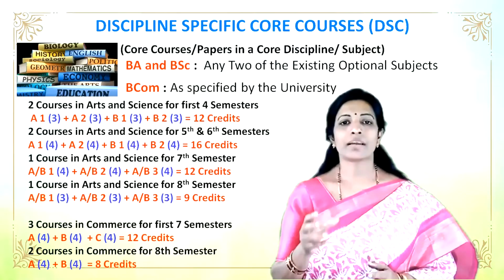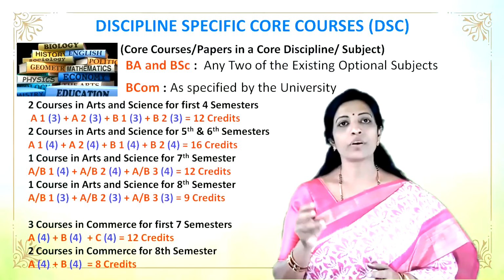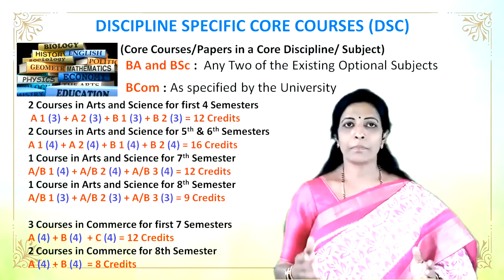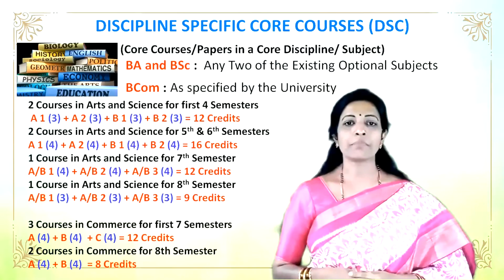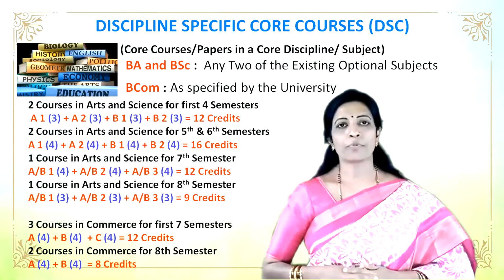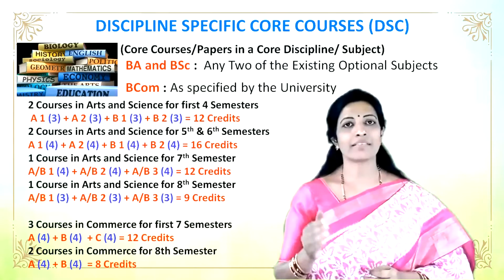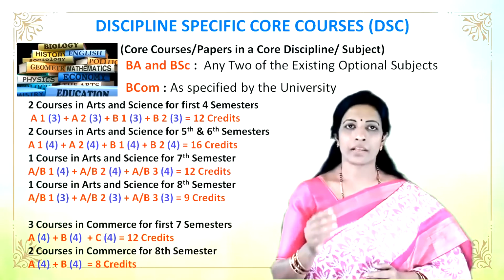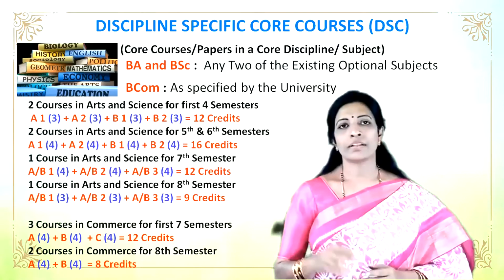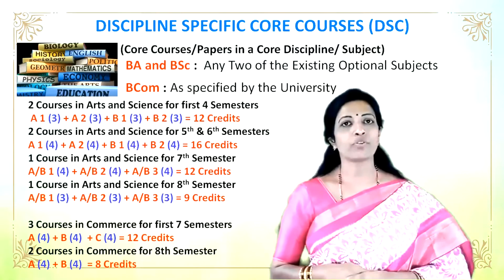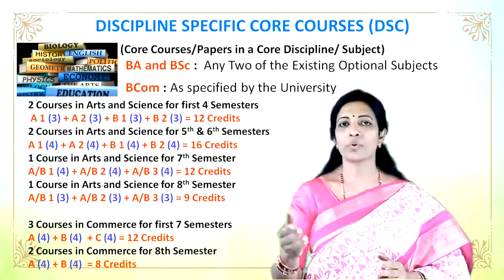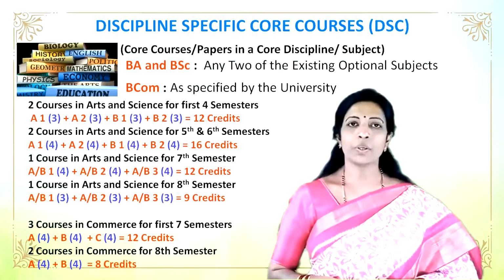These are the core courses or the core discipline subjects which the student opts for. In the BA and BSc programs, the student has to opt for any two of the existing subjects which are offered by the college. In the BCom program, the student does not have a choice to opt for any of the courses as they have to follow the courses which are prescribed by the university.